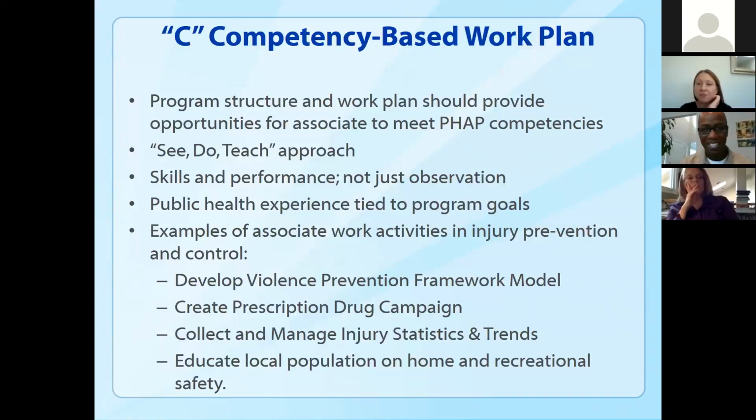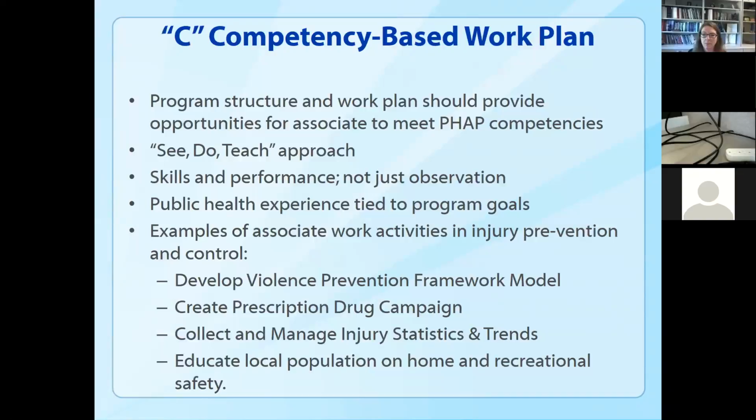And it should not only be observation. Some examples around injury prevention work are the development of the violence prevention framework model and the creation of the prescription drug campaign, but it can also be to collect and manage statistics and trends, and educate local populations on home and recreational safety.